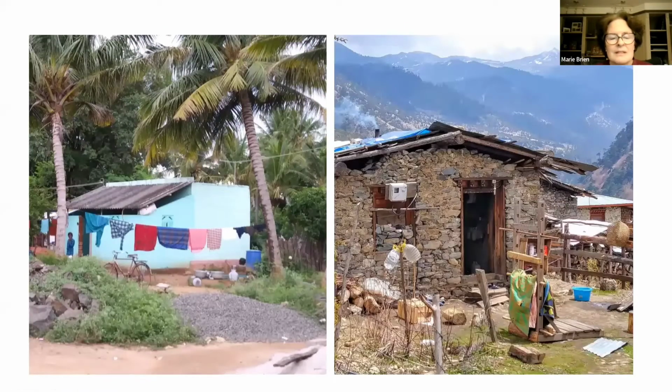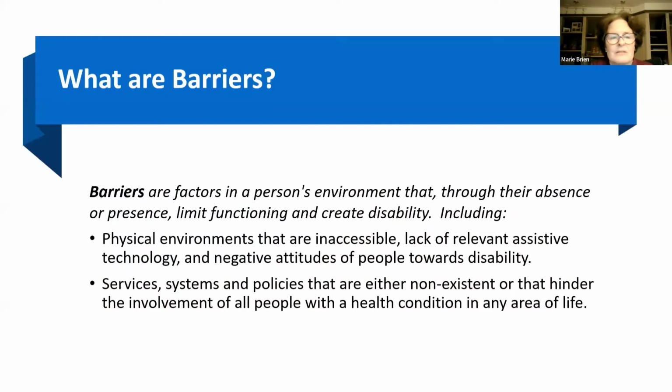So here are maybe challenges in terms of the physical environment. Looking at what different types of barriers exist, the barriers could be through their absence or their presence. They can limit functioning or they can create disability. So we have physical environments that are inaccessible. We also have lack of relevant assistive technology, so provision of assistive technology is so important.